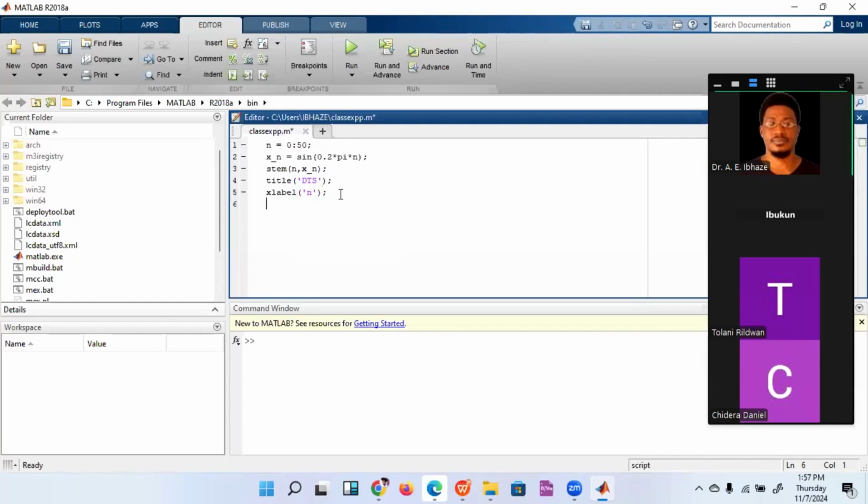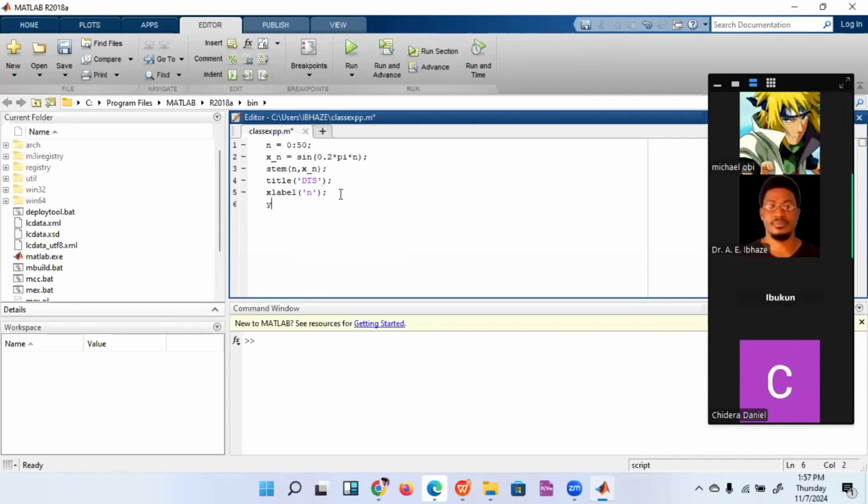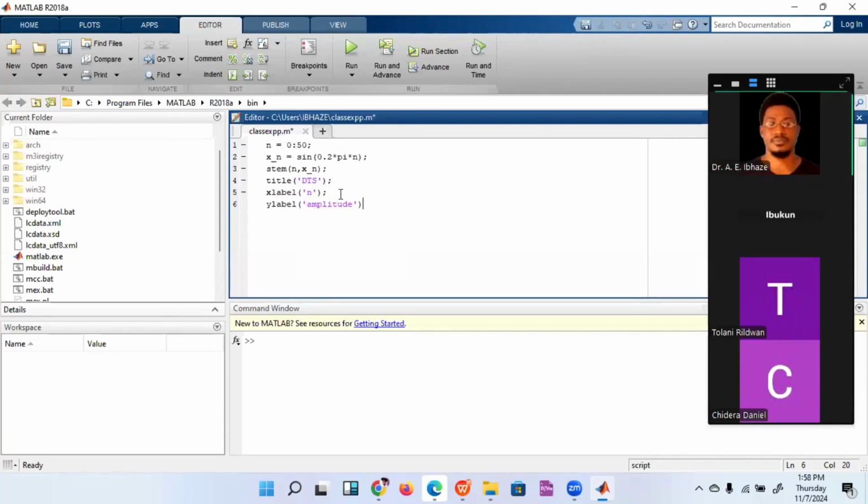Then my Y label. Okay, I can see a hand there. Go ahead, please. Y label is still my amplitude. What is stem used for? It is used to plot discrete time signals. When we plotted continuous time signals, we used the keyword plot.